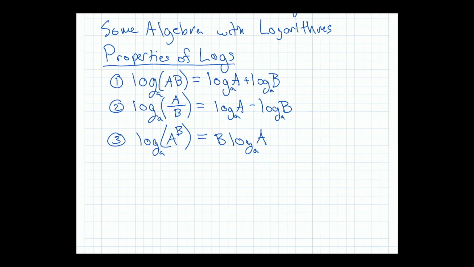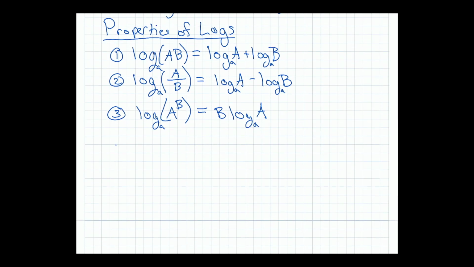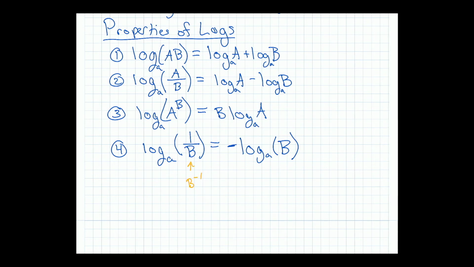What else? log A of 1 over B is negative log A of B. And really, that's actually just a special case of the previous one, because if you think about it, this right here is actually just b to the negative 1.